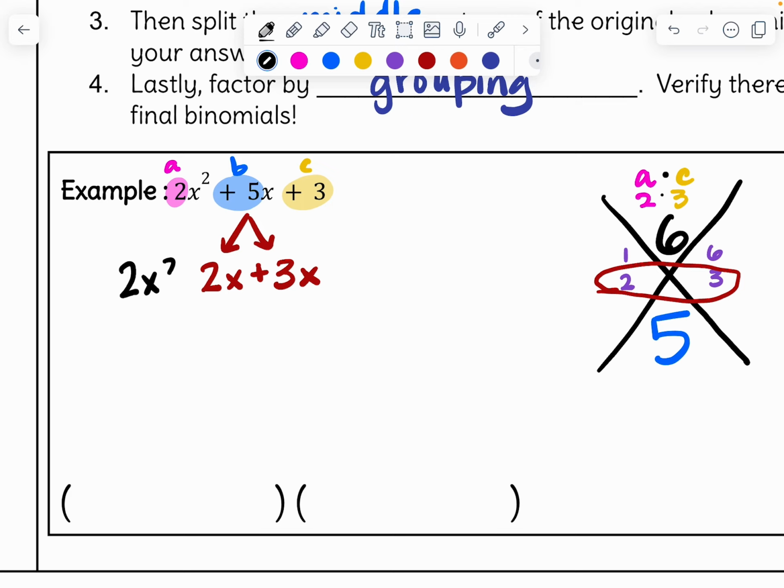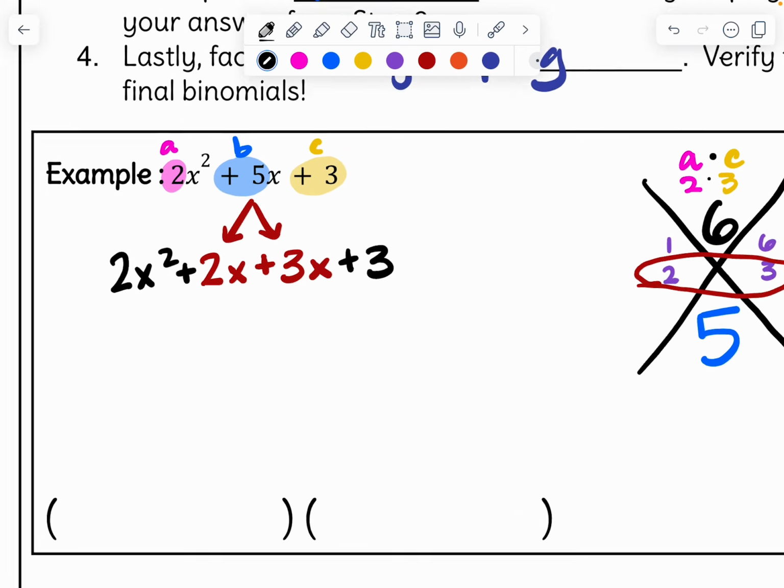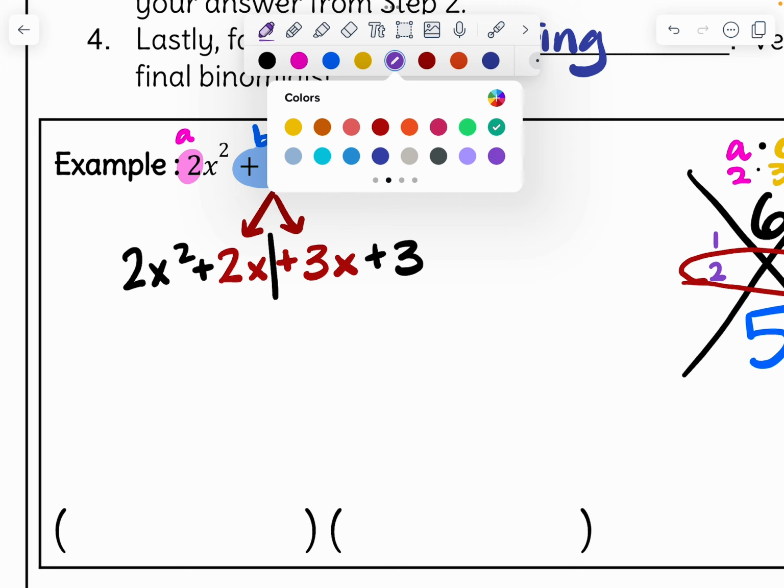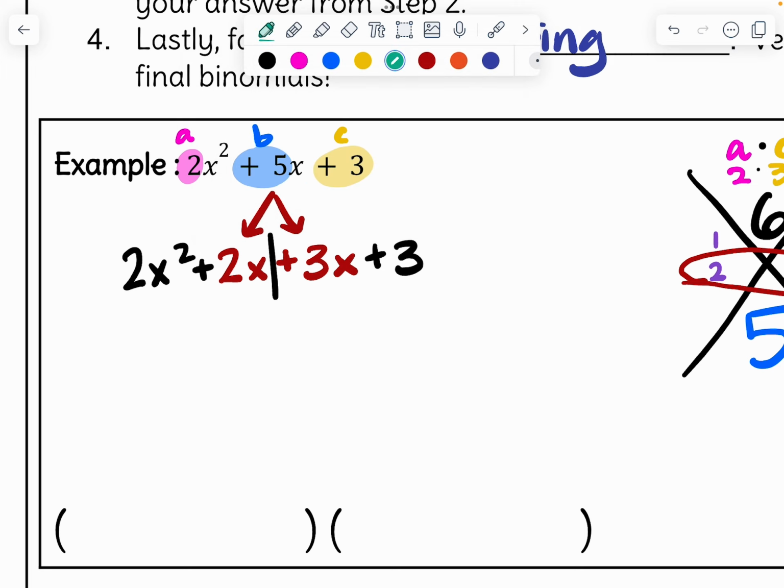So 2x squared and plus 3. So now I've turned this trinomial into a 4-term polynomial, and I can factor by grouping. So split it here. The greatest common factor for the first two terms is 2x.